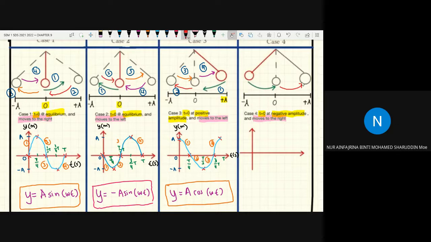Now from positive amplitude it will return to equilibrium, and from equilibrium it turns back to its last destination, which is negative amplitude.